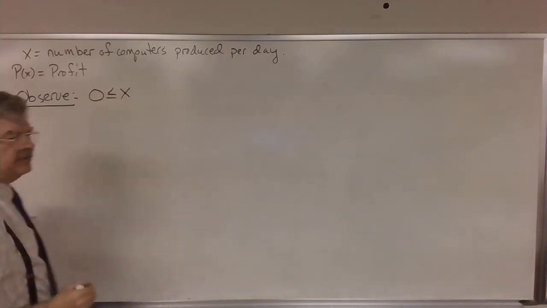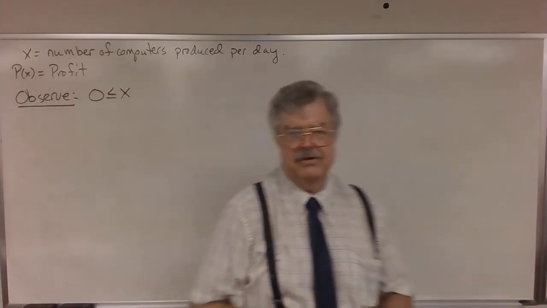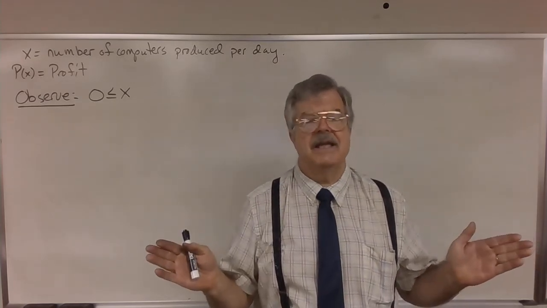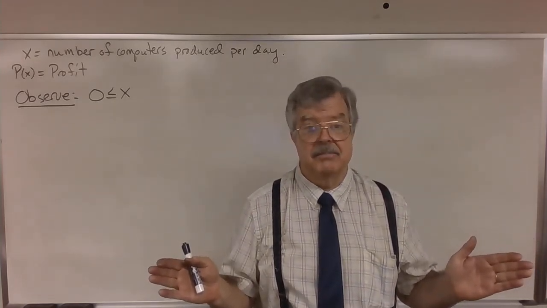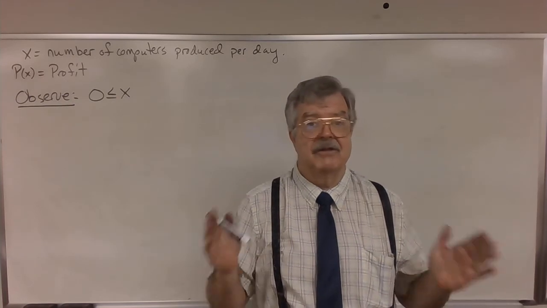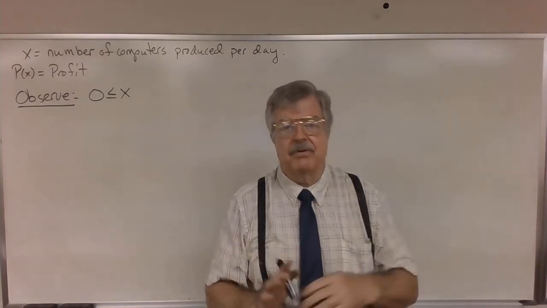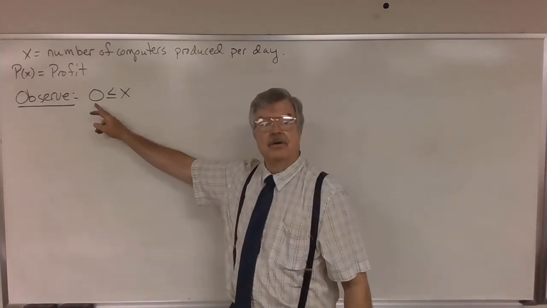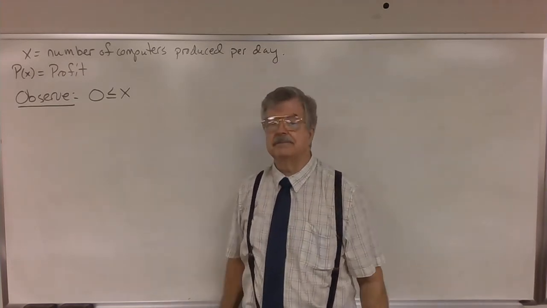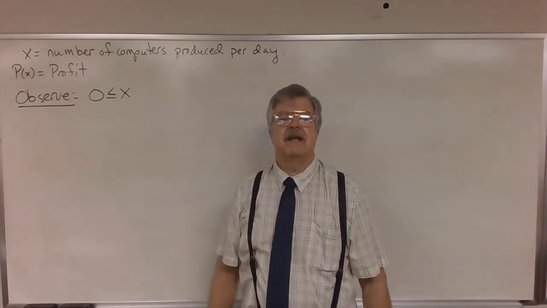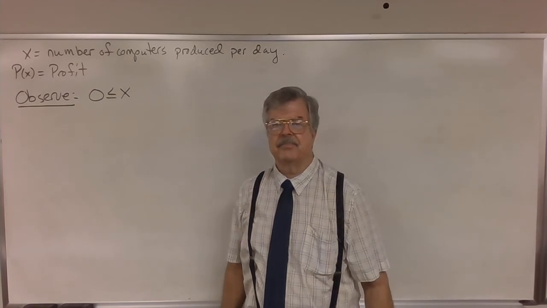So X has to be greater than or equal to 0. I can't produce negative 15 computers per day. It's not possible. But I can produce 0 computers per day. That's possible. I just shut down the entire operation.